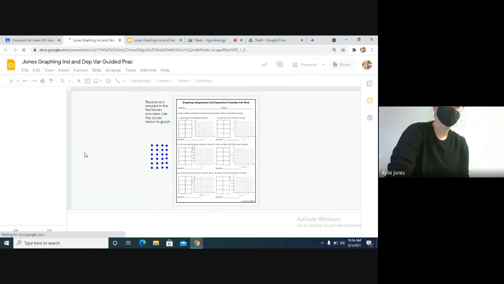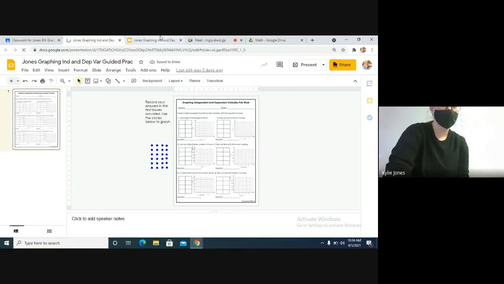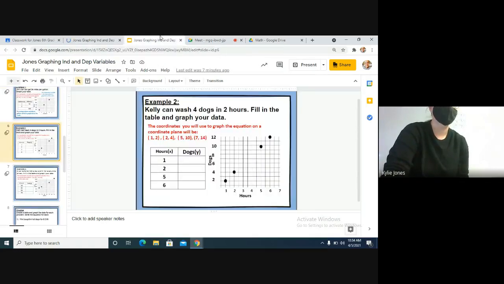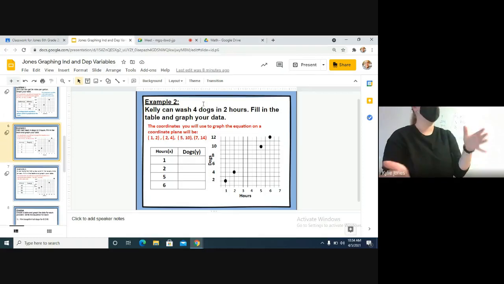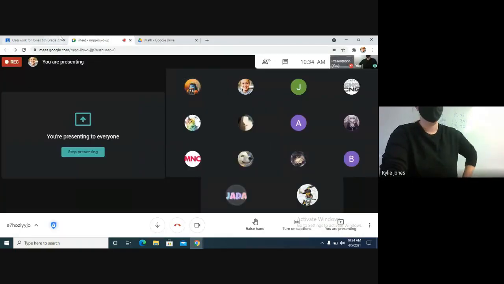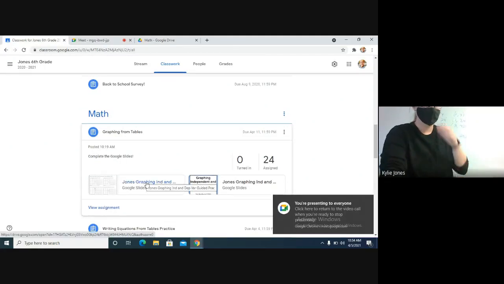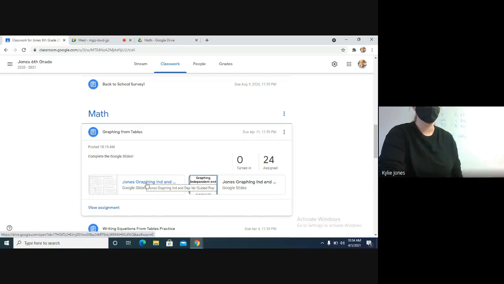Okay, what I want to do is do the guided practice because that's exactly what your assignment tomorrow is going to look like when you do it on your own. So I want to do some together. So right now you have this Google Slides open, correct? You can close it. You do not need to finish filling out the stuff. That's okay. When you go back to Google Classroom, there is a Google slide there that's called Jones Graphing Independent and Dependent Variables Guided Practice.